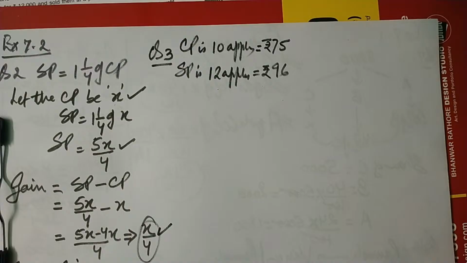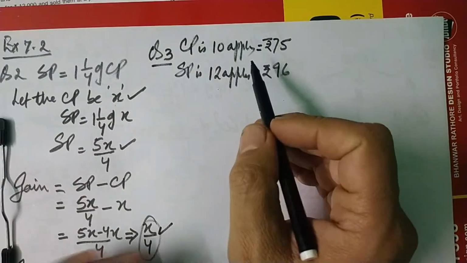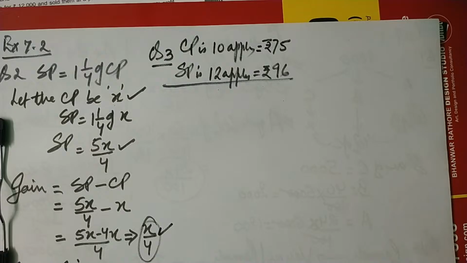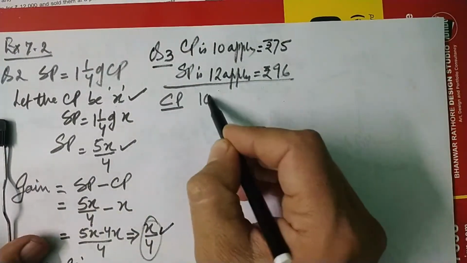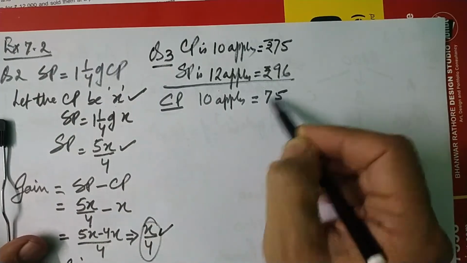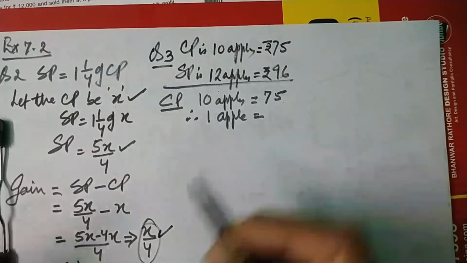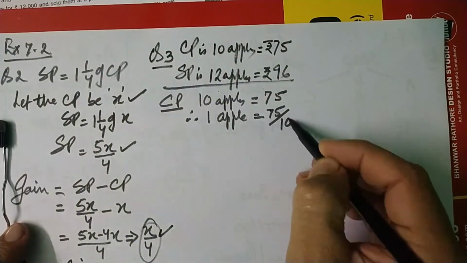So what is the cost price of one apple? 10 apples cost rupees 75. Therefore, one apple will cost how much? 75 upon 10.